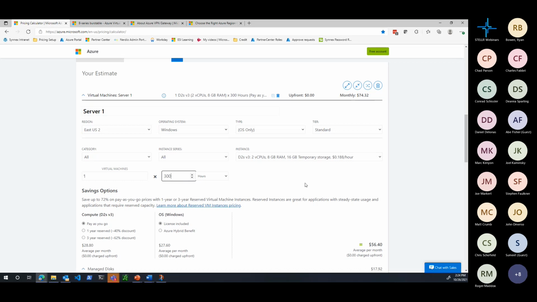So shutting a machine down does save you money, and there are tools and automations in Azure to help with that. So hours do matter in the calculation that we build out here.